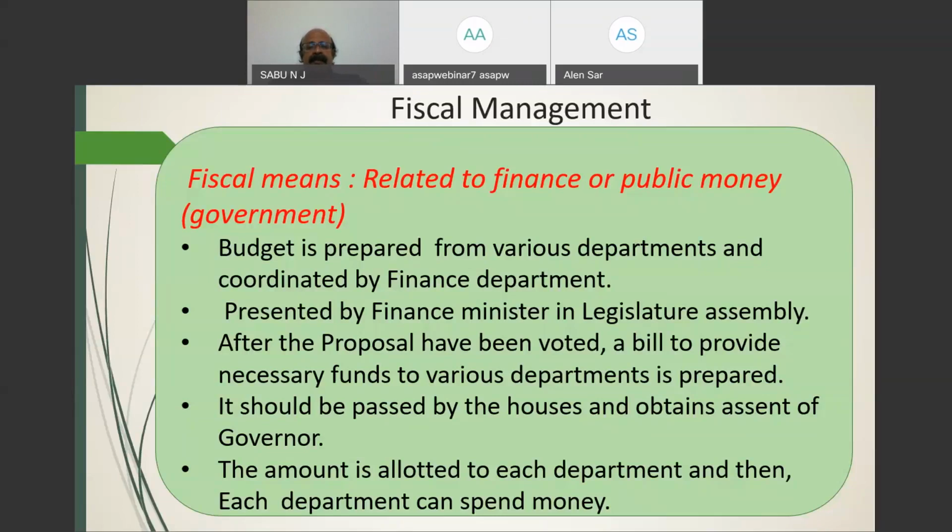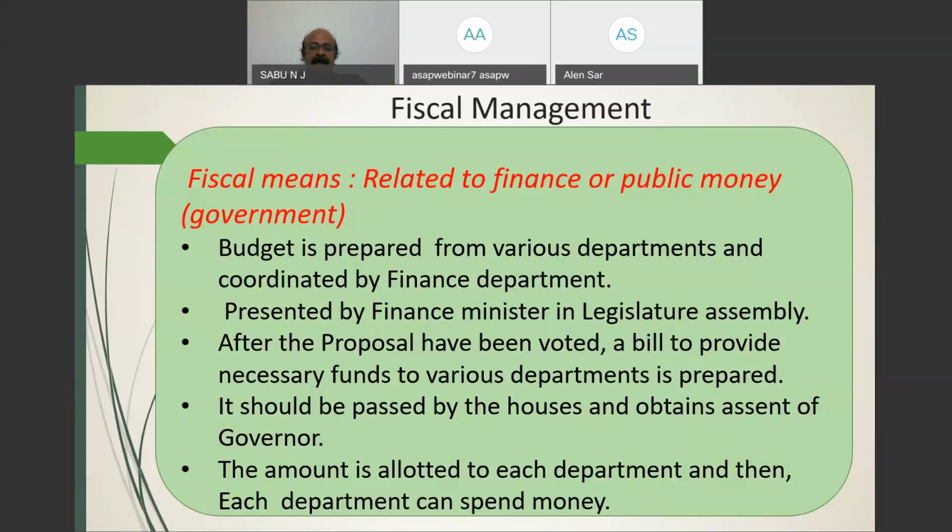For the preparation of the budget presentation, the finance department will invite proposals from the various departments. Each department will send its proposals along with its preliminary sketch and the cost of the project.